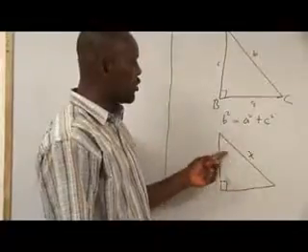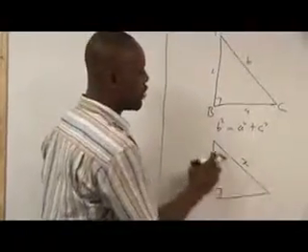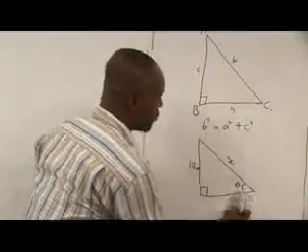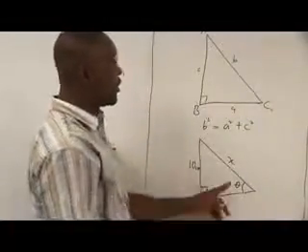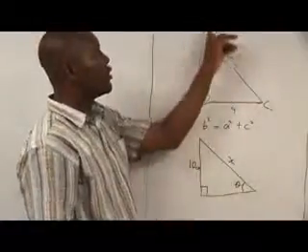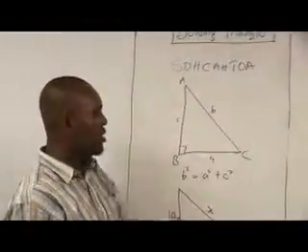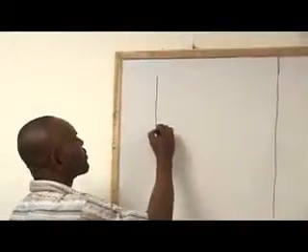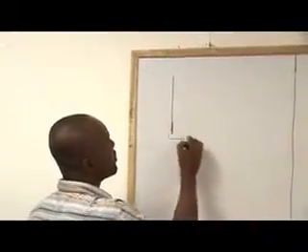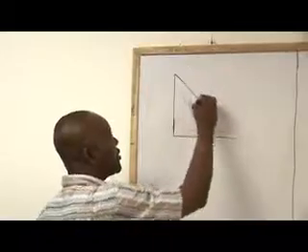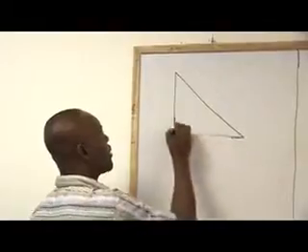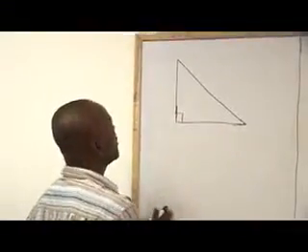For questions like this to be solved, one of these two angles will be given. If we are given this angle here, theta, then we can apply SOHCAHTOA. Let us interpret the meaning of SOHCAHTOA. Remember, we are looking at how to use the trig ratios to solve right angle triangles.